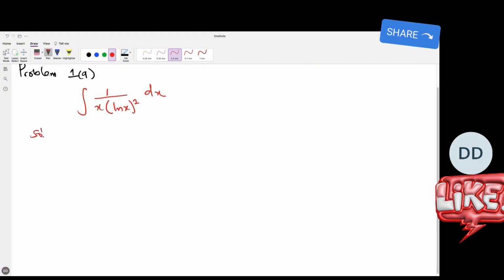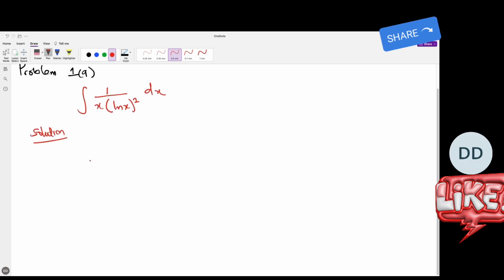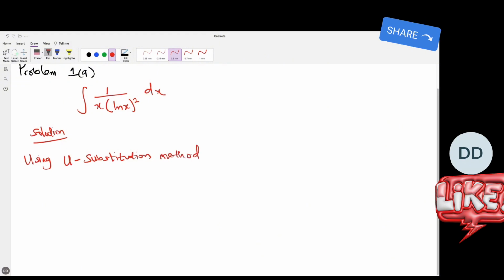Solution. Using the U-substitution method, we let what?